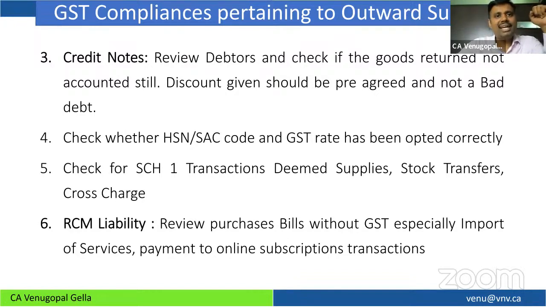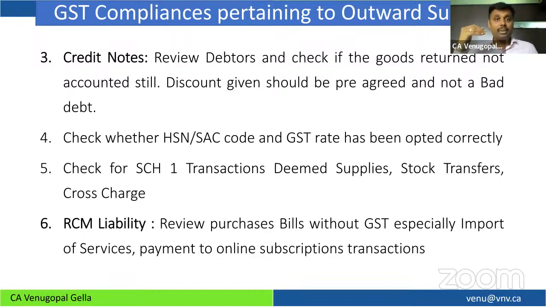In case it is a discount, where you are giving a discount to the customer, you also have to check whether this discount has been agreed upfront. For example, you might have said that, okay, if you make the payment within 30 days, 60 days, you will be giving a 1% additional discount. So instead of 100 rupees, now the customer is paying only 98 rupees.